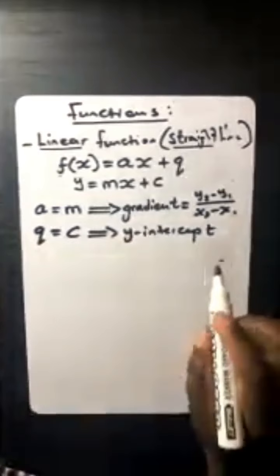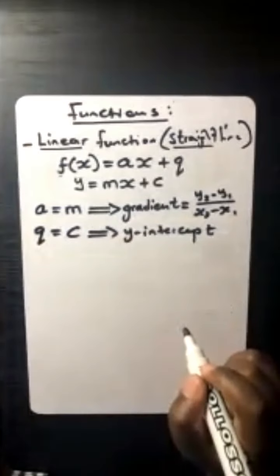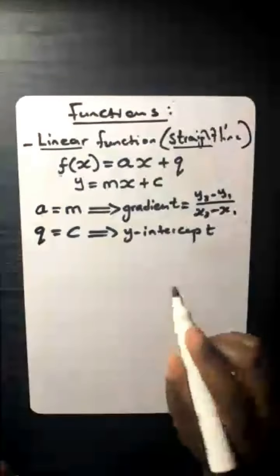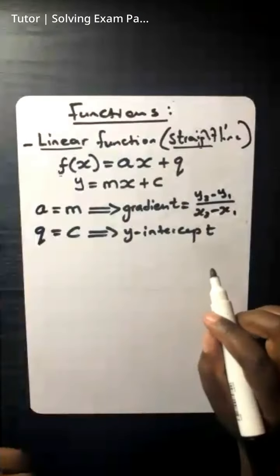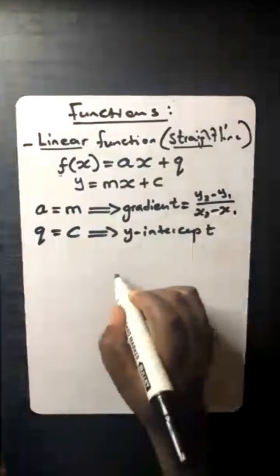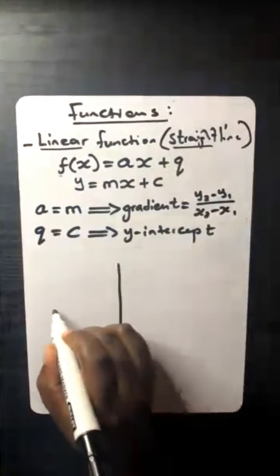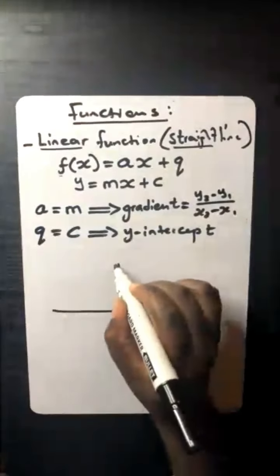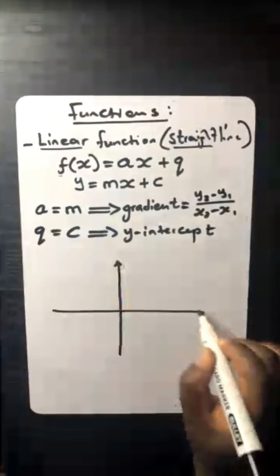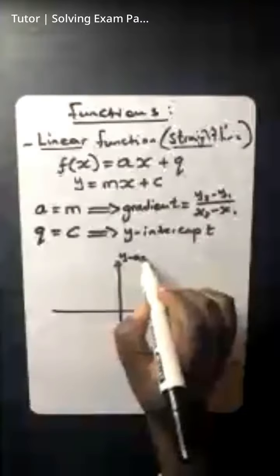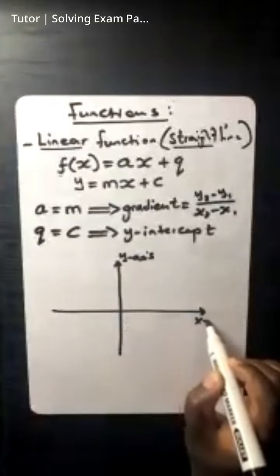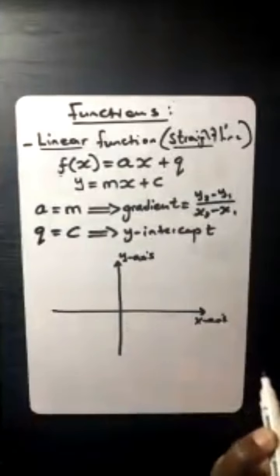The other thing that I want to explain to you guys is 4 types of scenarios, actually 5. As part of your notes, you can write or draw that Cartesian plane, where we've got the y-axis and the x-axis.